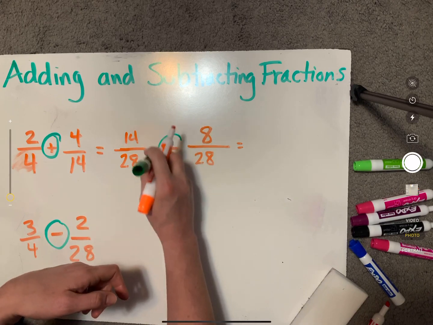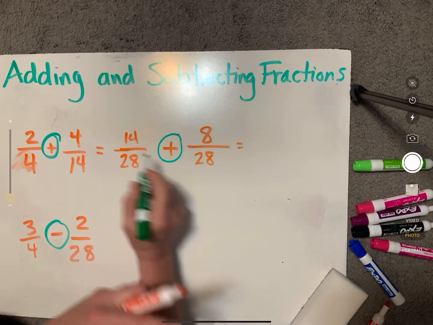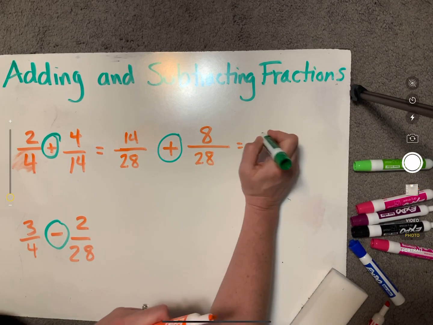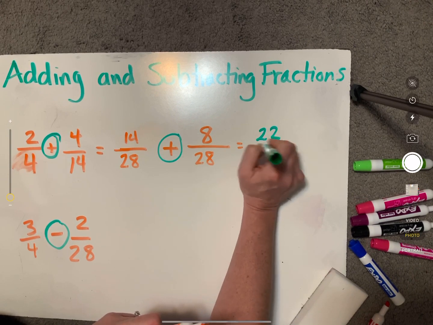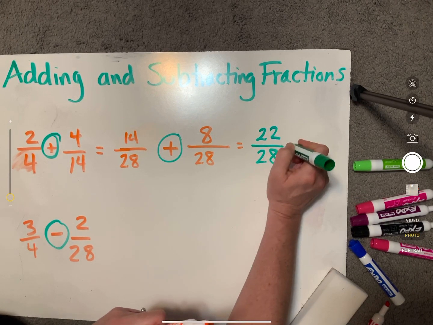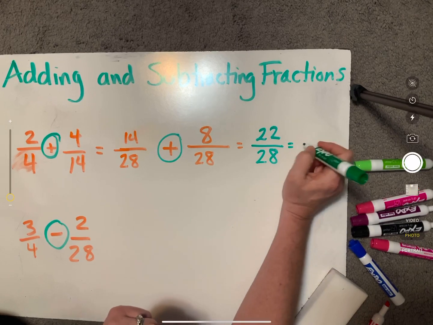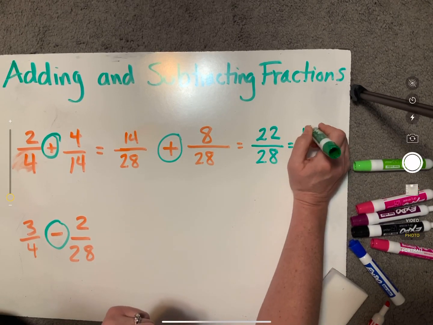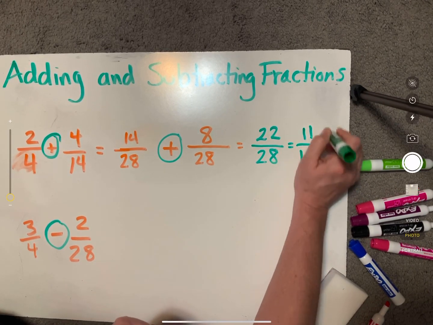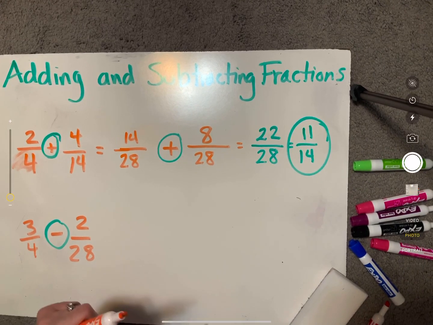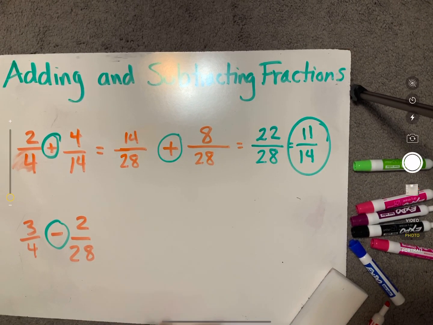Remember, I'm adding here. So 14 plus 8 would be 22. And then 28 would be our denominator. That's not in lowest terms yet. I can divide both of these in half. So I get 11/14, and that is the lowest terms answer.